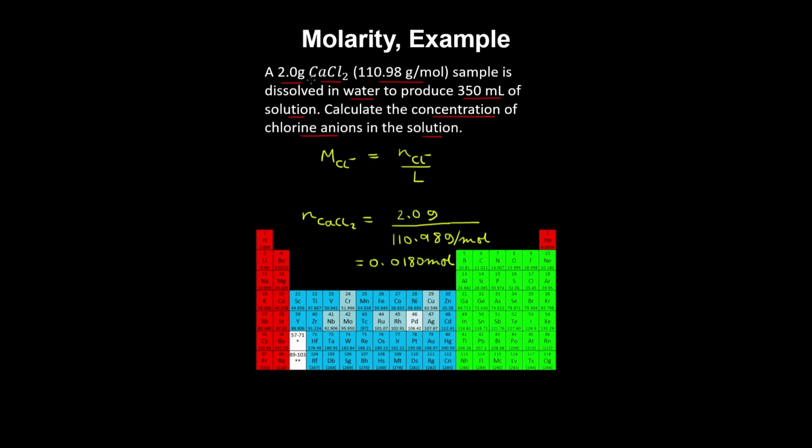And for every mole of calcium chloride, there's 2 moles of chlorine. So when this dissociates in water, you get 2 chlorine anions per calcium cation. So therefore the number of moles of chlorine can be obtained as follows.